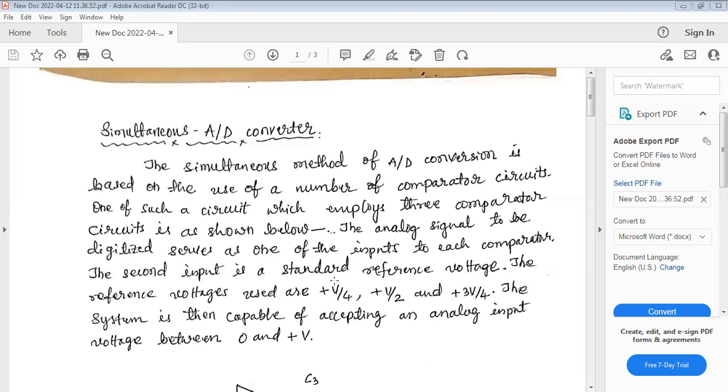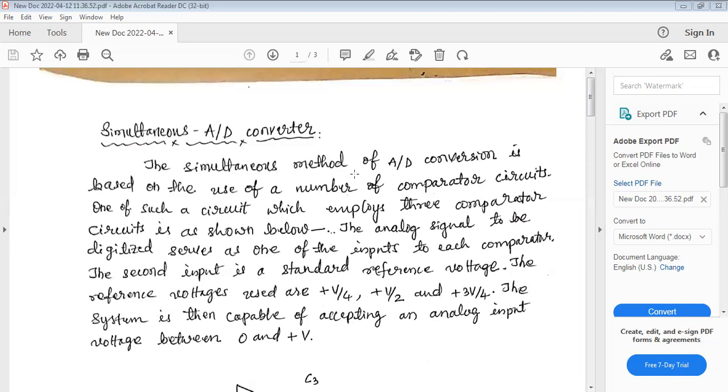So in this session, this simultaneous analog to digital converter is one such converter that can be used to convert an analog signal to a digital signal.